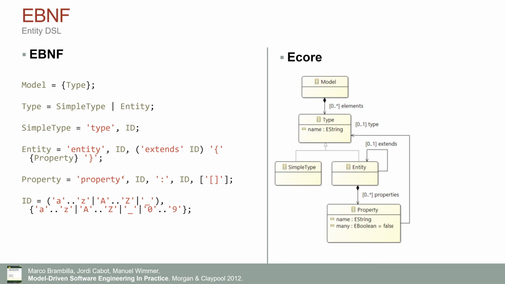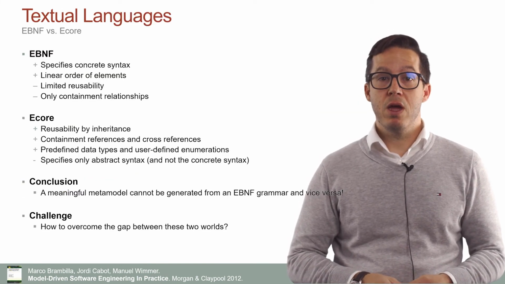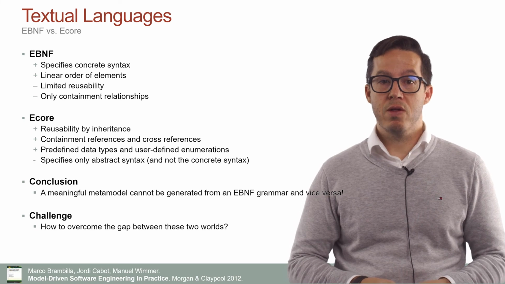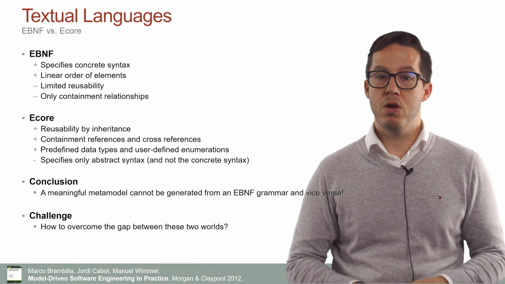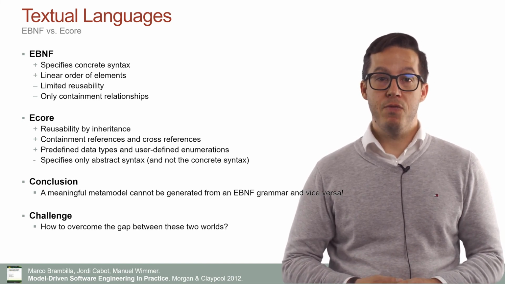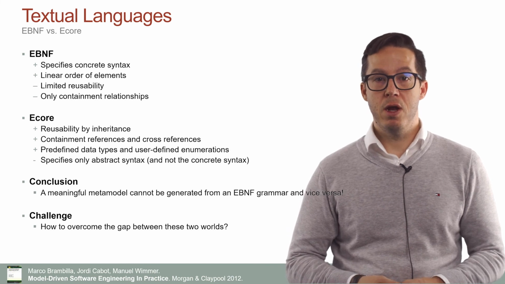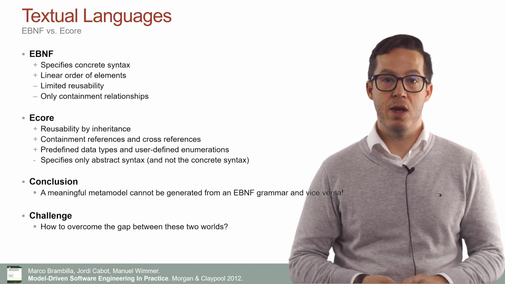Now if we differentiate those two ways to specify a grammar, the eBNF way and the eCore way, we can say that eBNF is very good in specifying the concrete syntax, while eCore is very good in specifying the abstract syntax, but not talking at all about the concrete syntax. eBNF is very linear and has only limited reusability, while in eCore we have reusability by inheritance relationships.